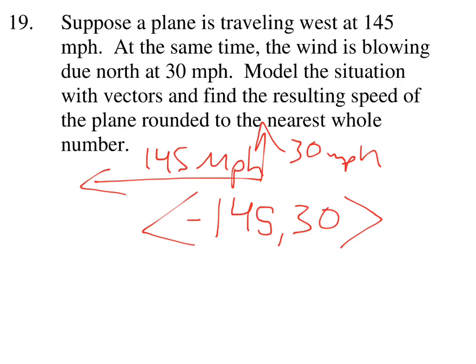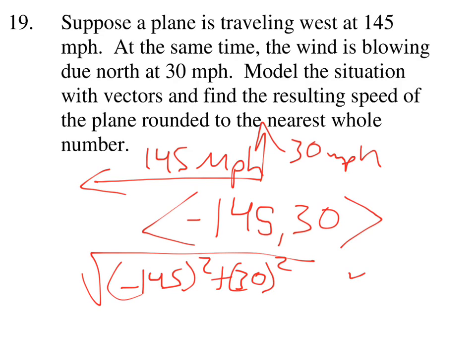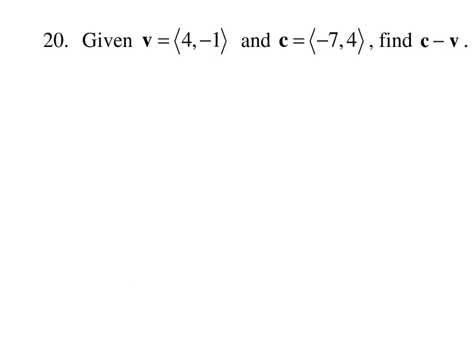We need to get the resulting speed to the nearest whole number. Well, you just need to square both those numbers, add them to each other, and then square root. And if you do that, you're getting approximately 148 miles per hour.